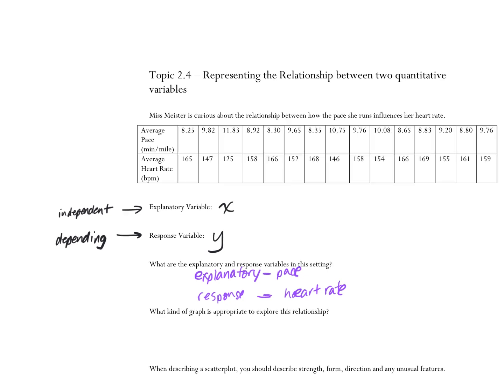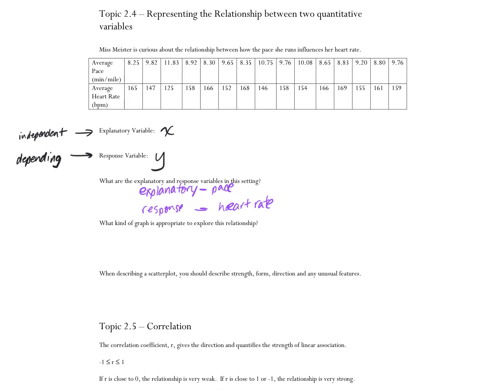Okay, so from here, y'all, what kind of graph do you think we should make to explore the relationship between these two variables? First of all, do you believe that there would be a relationship between, say, my pace and my heart rate? What do you think that relationship might be?